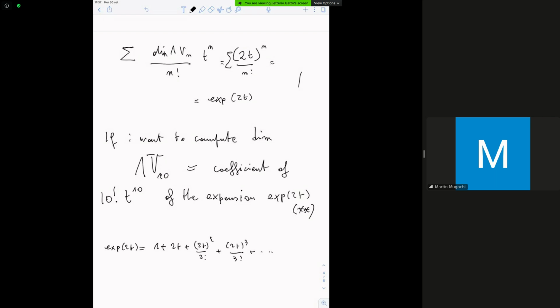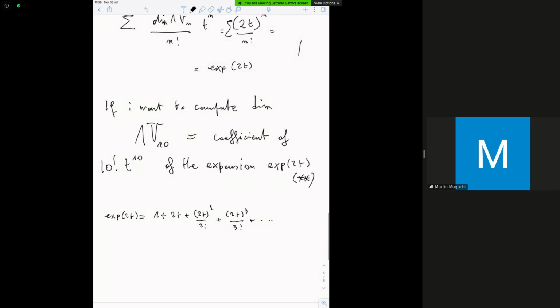For instance, if I want to know what is the dimension of wedge V2, the vector space of dimension 2, we look there.